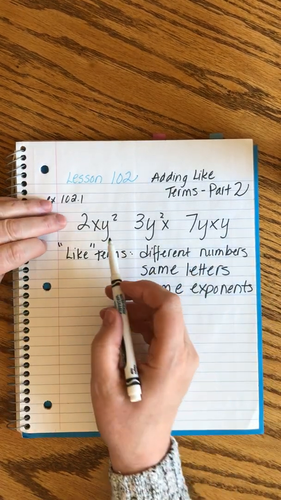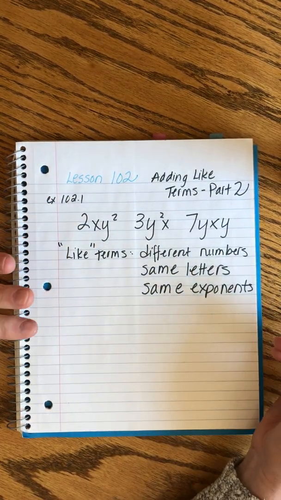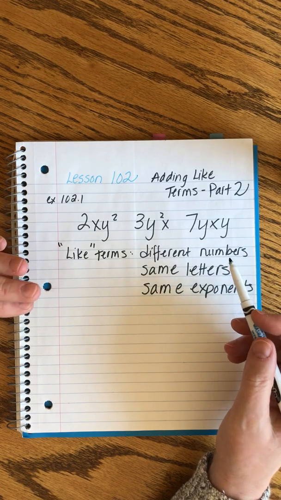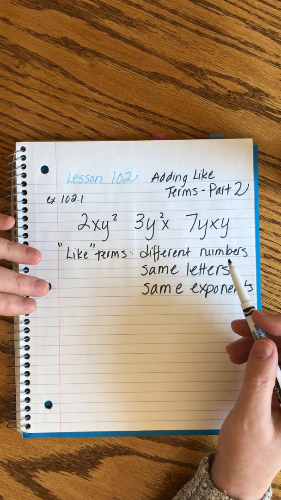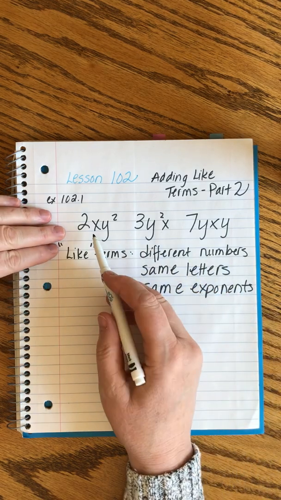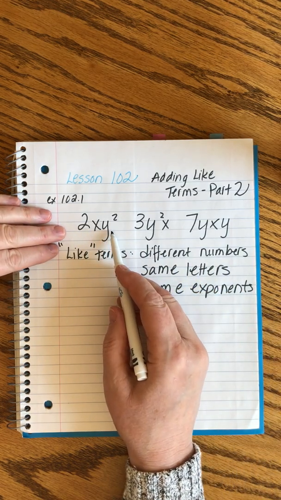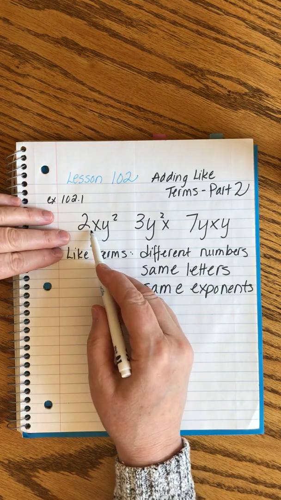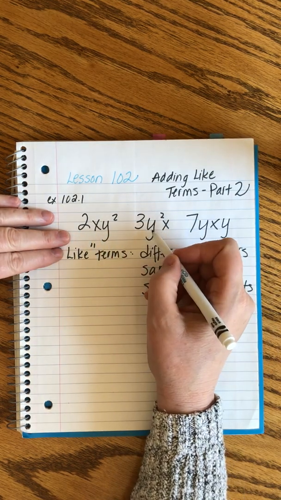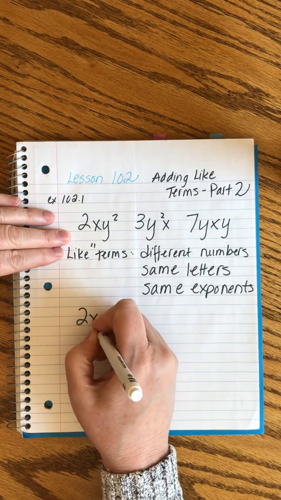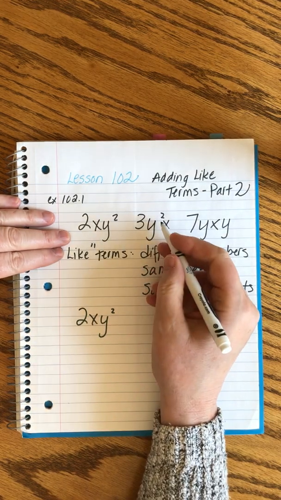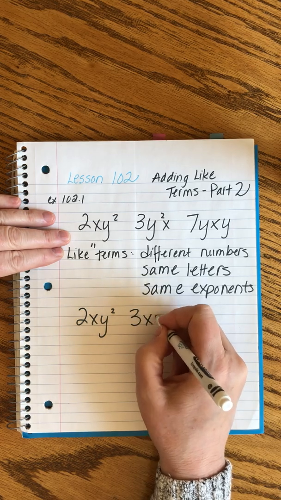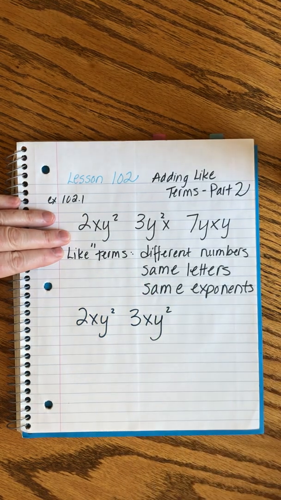Okay, I'm going to stop talking and look at this. What helps very much is if we have a standard order that we can write our terms in so that they're easier to compare. That's why I always go alphabetical before combining like terms. So this one looks really good. This one I'm going to rewrite: 2xy squared. That's the same. This one, I see they're not alphabetical, so I'm going to carefully rewrite that, making sure I put the exponents in the right places.